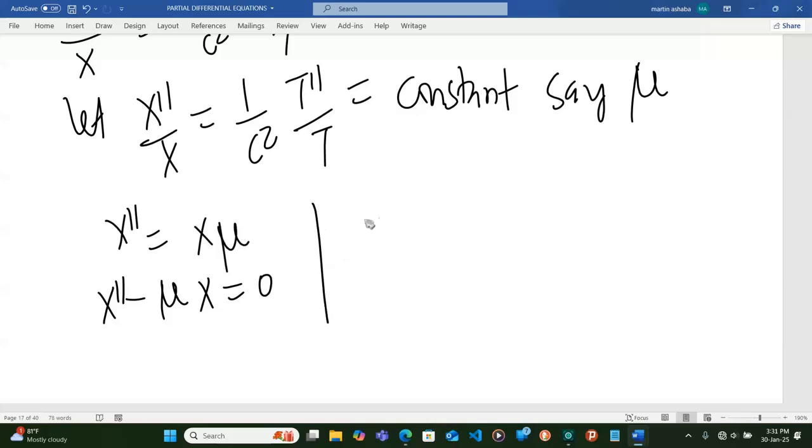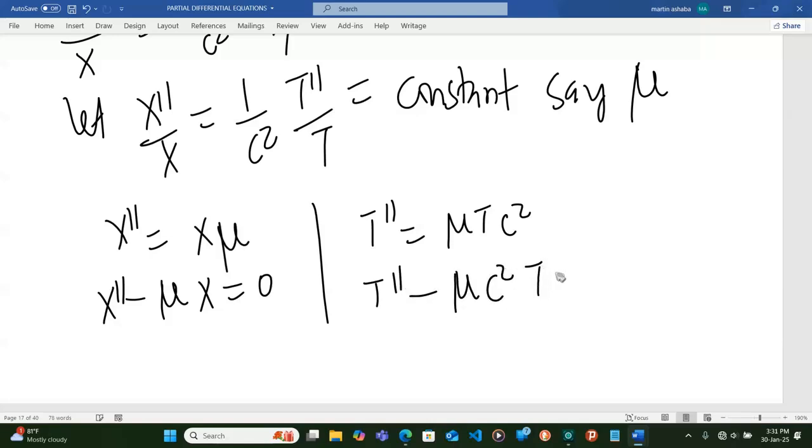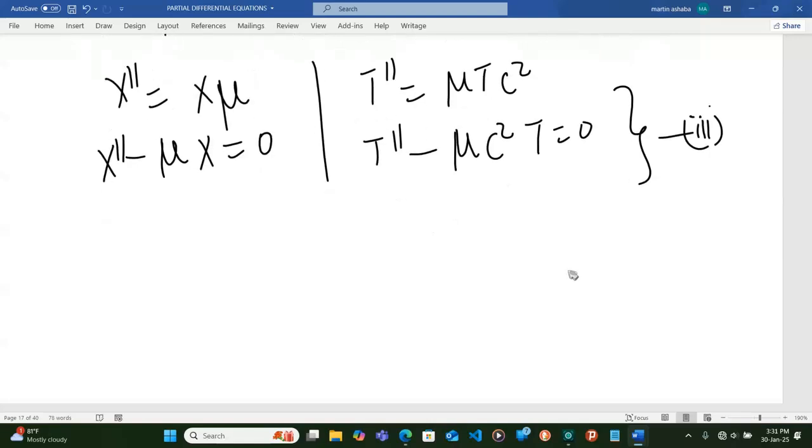Then I will have also T double prime is equal to nu T, so that I have this also having c squared. So T double prime minus nu c squared T is equal to 0. So I consider this to be equation 3.